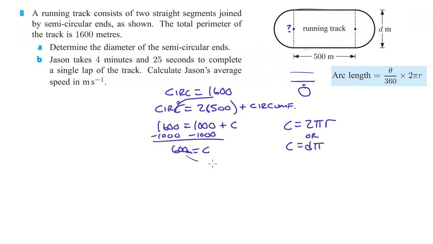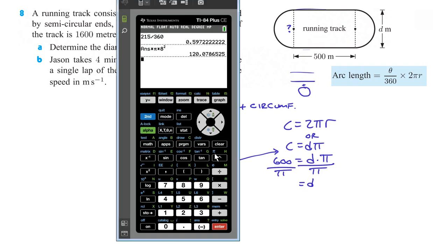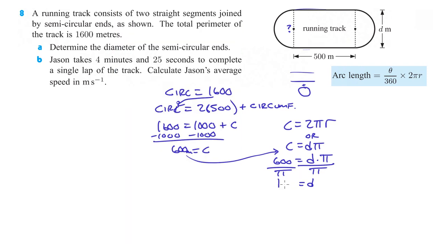Since we know the circumference is 600, plug that in there. 600 equals diameter times pi. So divide both sides by pi, and that will tell us what our diameter has to be. So 600 divided by pi gives us that the diameter is going to have to be about 191 meters. Okay, so that takes care of A.